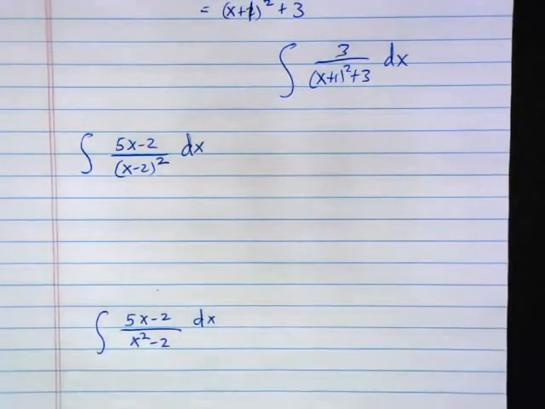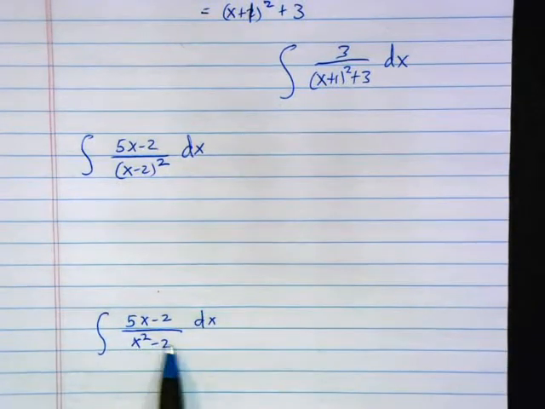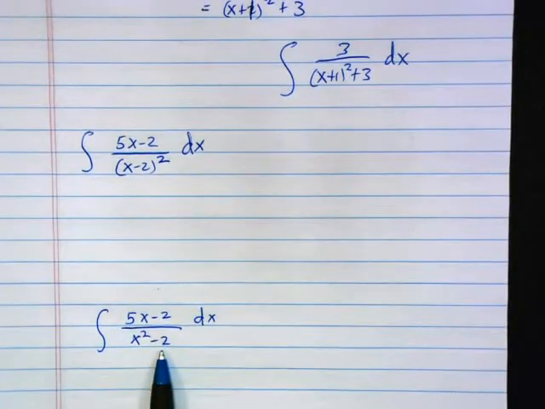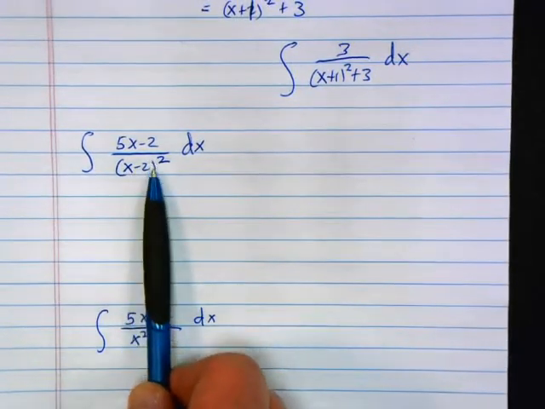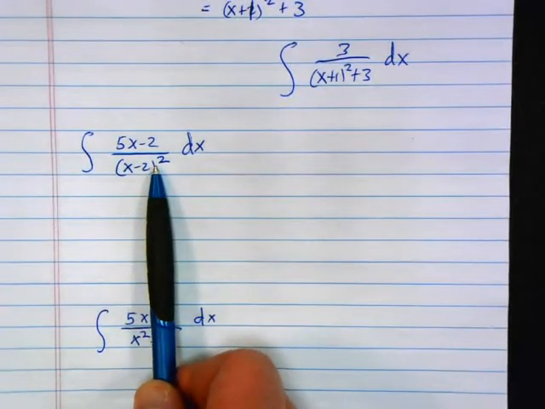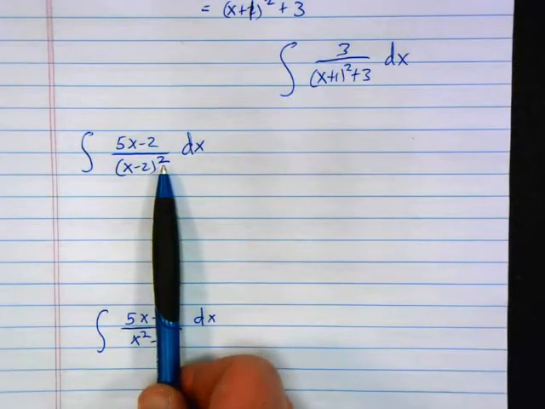These problems look very similar, but they're handled in different ways. This one would be a quadratic which doesn't factor, x squared minus 2. This one, on the other hand, is x minus 2 times x minus 2. It's a linear term, x minus 2, which shows up more than once. We call it a repeated root.